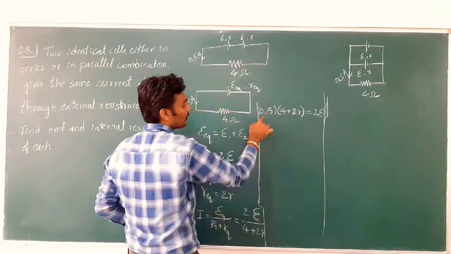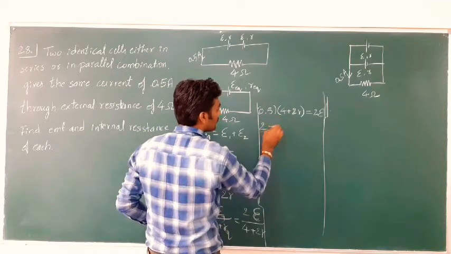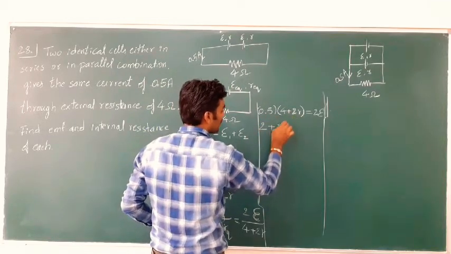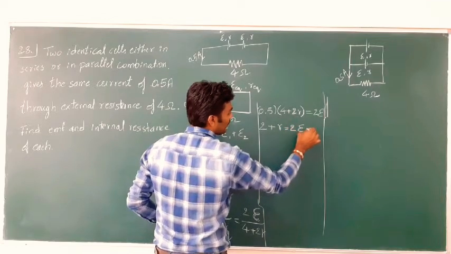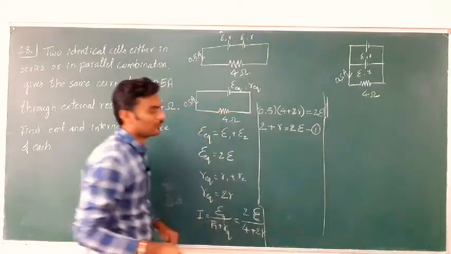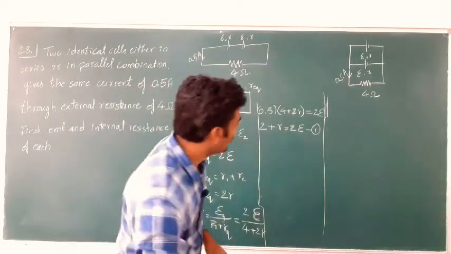Now simplifying this, 0.5 into 4 is 2, 0.5 into 2R is simply R, is equal to 2E. Keep this as equation 1, okay.